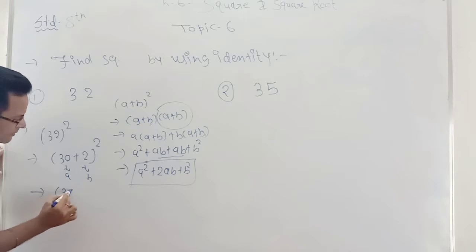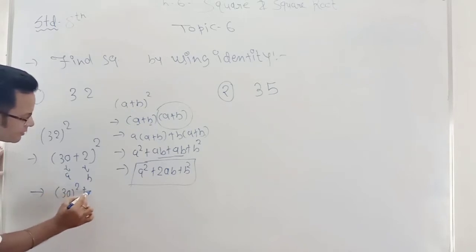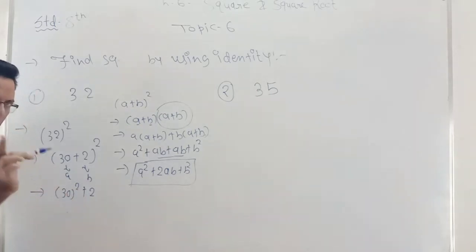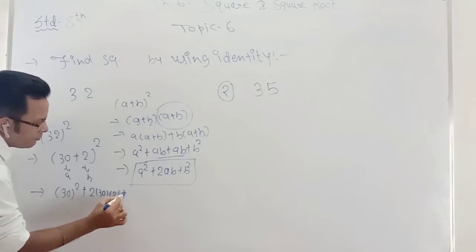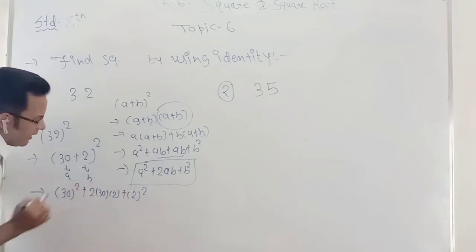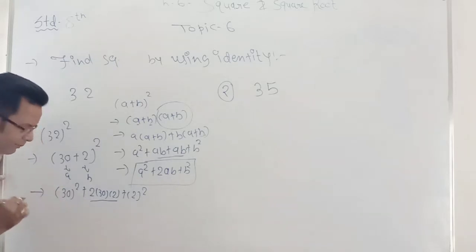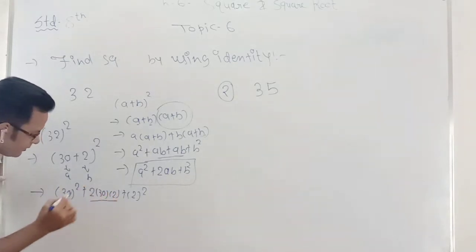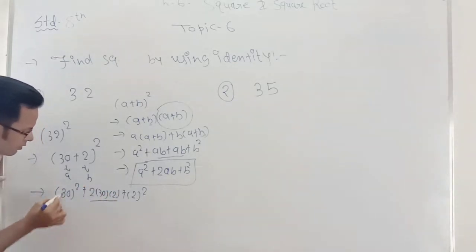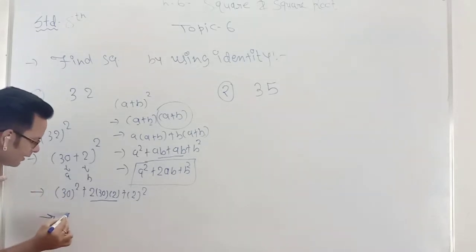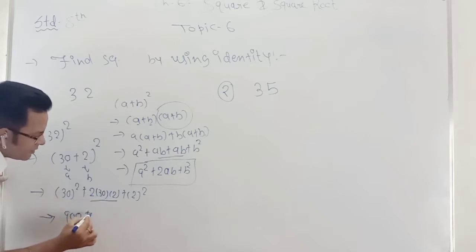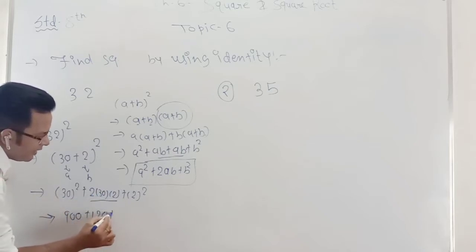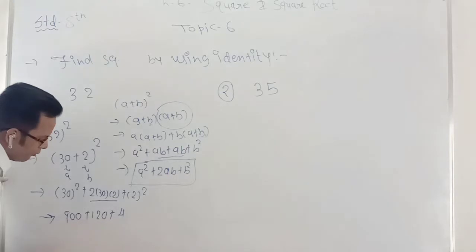A square means 30 whole square, plus 2AB. Now for AB you don't take square. AB means 30 into 2, plus 2 square. This is your a square plus 2ab plus b square. Now 30 square will be 900, plus 2 3s are 6, 6 2s are 12, 120, and 2 square will be 4.